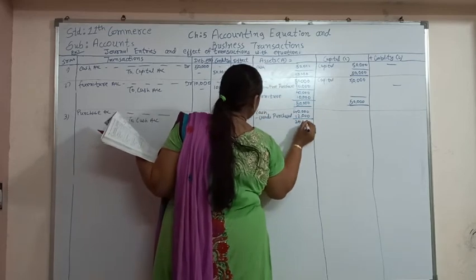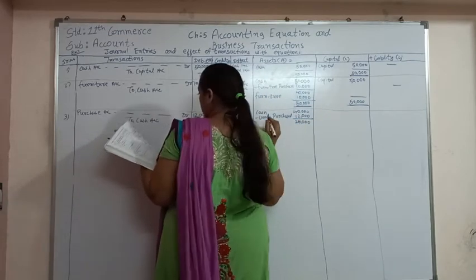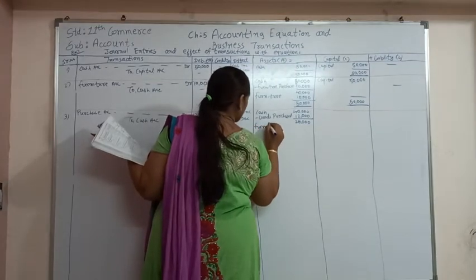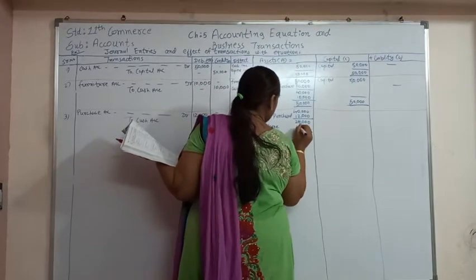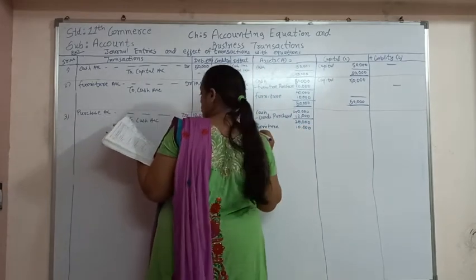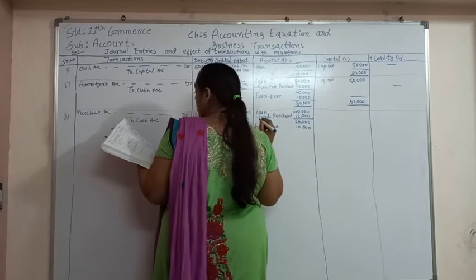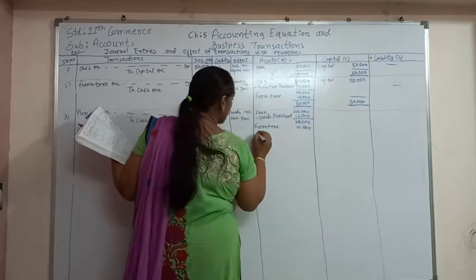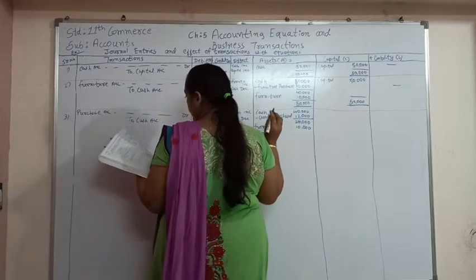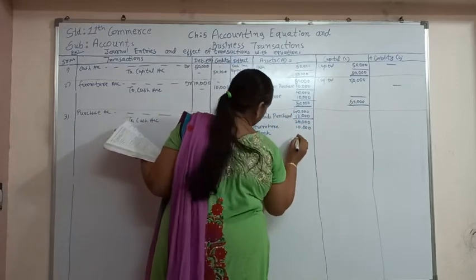So we deduct the 12,000 from the cash account, and that will be 28,000. Here again we can see the furniture of rupees 10,000, so that 10,000 we write down again. Afterwards we can see that we have bought the goods, and those goods are also an asset of the business. That is called stock, and that stock is rupees 12,000.